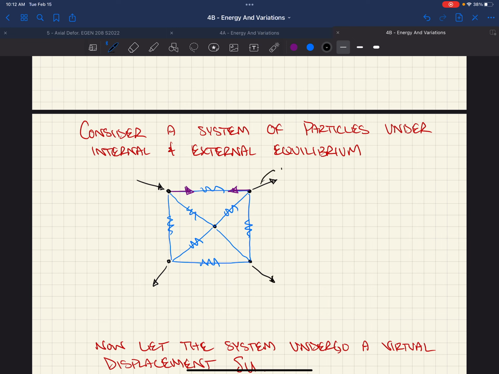So these are external. So if we consider this system of particles, they have external forces and internal forces.